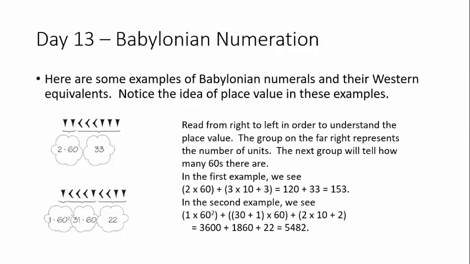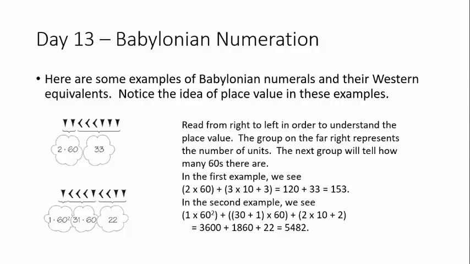Here on the left, you'll see these Babylonian symbols. And just reading from left to right, you'll have the 2 triangles, and then you have 3 angles and 3 more triangles. You have to read from right to left in order to understand the place value here. And so you can see in this one that we've got these grouped.